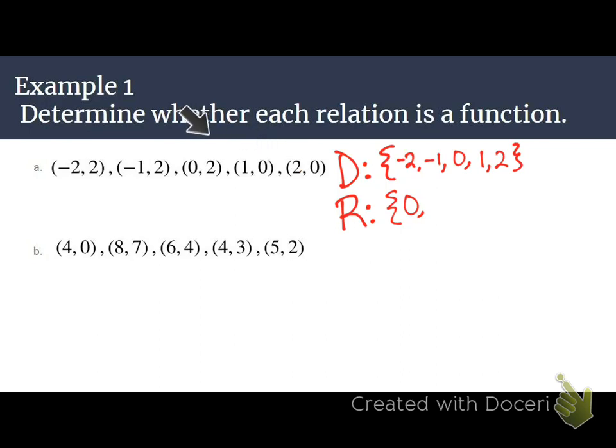Even though we have a bunch of zeros, we're only going to write one 0. So my next one would be a 2, and then I'm done, right? We only had 0s and 2s. So your domain and range do not have to have the same amount of numbers in them. We only list them one time. We list them from least to greatest. Questions about that? I just wanted to show you a slightly different example.